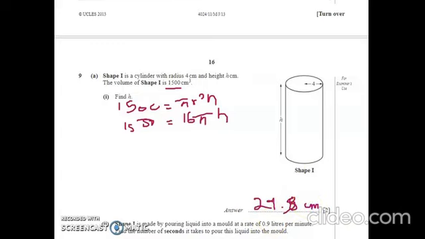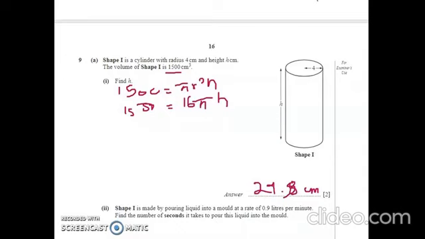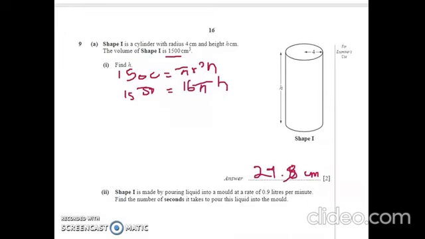Shape 1 is made by pouring liquid into a mold at a rate of 0.9 liters per minute. Find the number of seconds it takes to pour this liquid into the mold. Okay, so how will shape 1 be made? Basically, they're pouring a liquid into a mold at a rate of 0.9 liters per minute.